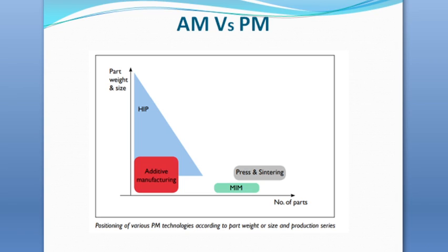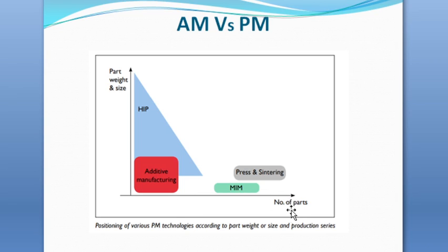The additive manufacturing has less number of parts, and the weight and size are also very less compared to powder metallurgy processes: metal injection molding, then press and sintering, isostatic pressing. Here part size is high but number of parts very less.